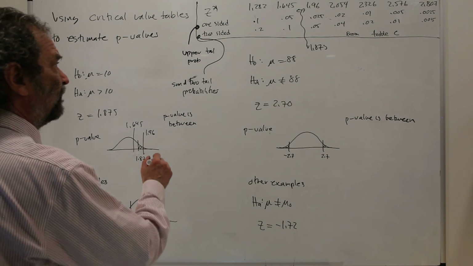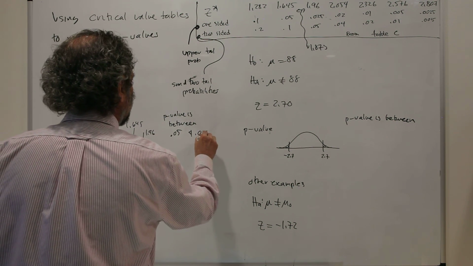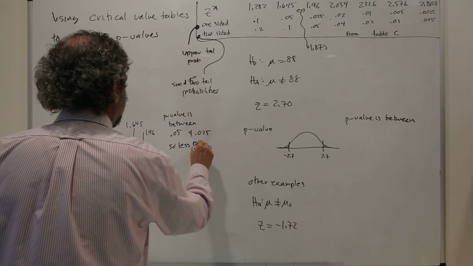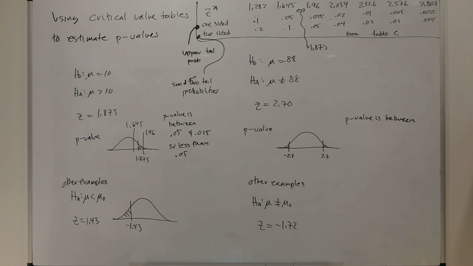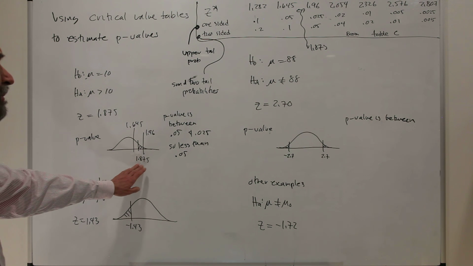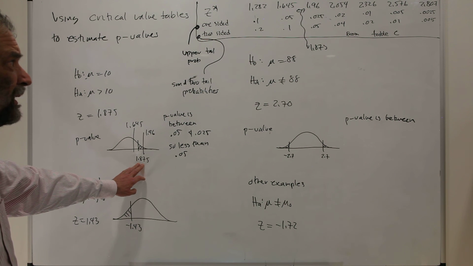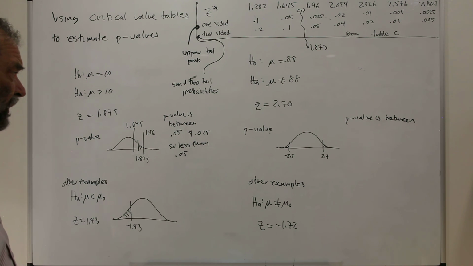So it's between 0.05 and 0.025, and the critical thing is it's less than 0.05. 1.875 is larger than 1.645, which makes its tail probability less than 0.05. So that would make us reject the null hypothesis.